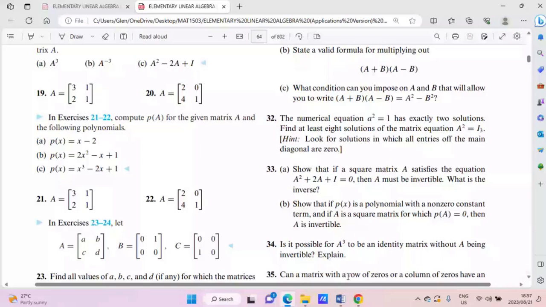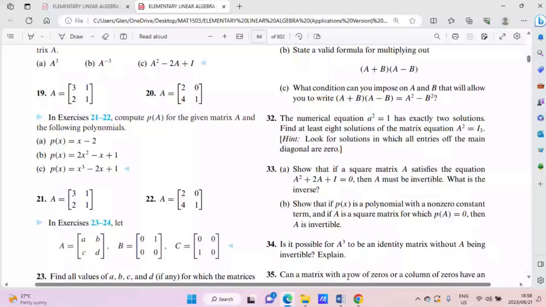Yes, sir. Let me just write everything on page 2. Then for the second one, which is minus x, we're going to have 2, 0, 4, 1.